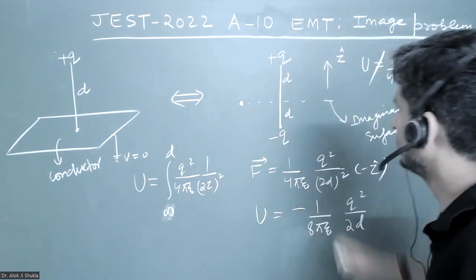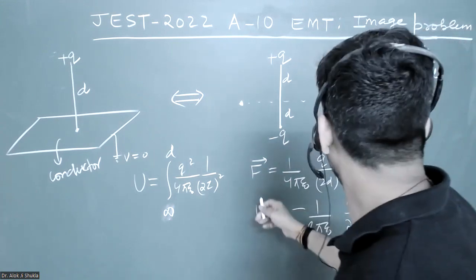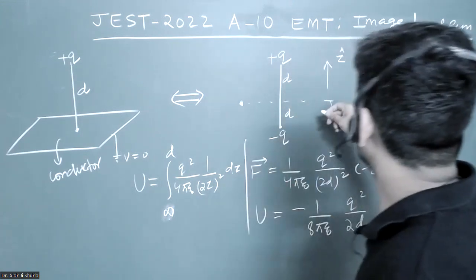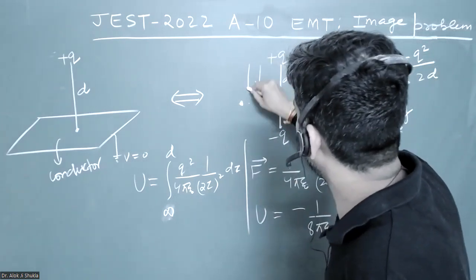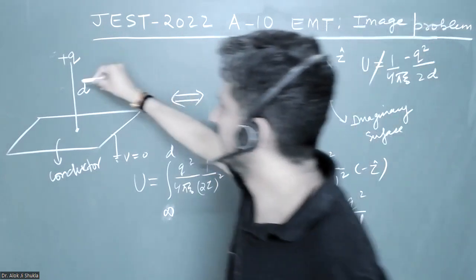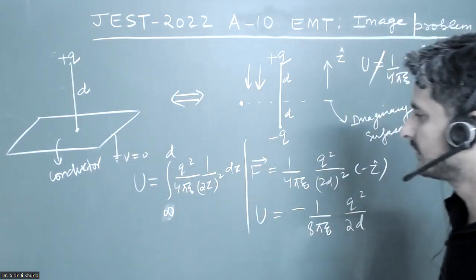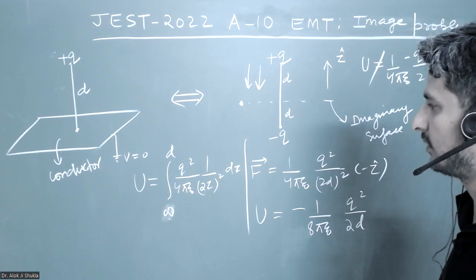This is the force, and we are moving in the direction of force, so the dot product will give you dz. All right, because both are in the same direction. The force is an attractive force, it is in this direction, and we are bringing it from infinity to this point. So the angle for the dot product is equal to 0, cos 0 is equal to 1.